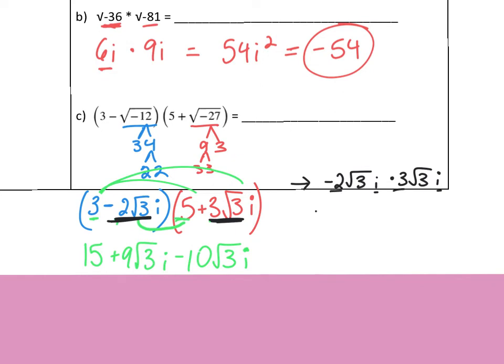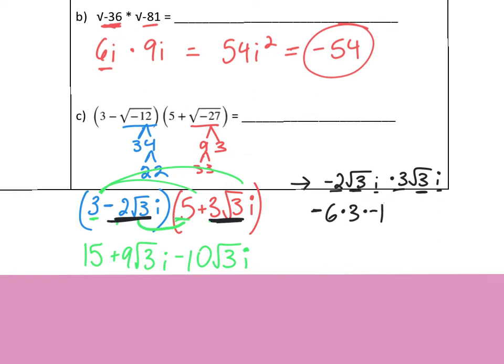So how did I do that? First, multiply my outsides. I get negative 6. Then multiply my radicals. Square root of 3 times square root of 3. The signs just cancel out to give me 3. Then I've got i times i, which is i squared. What is i squared? Negative 1.